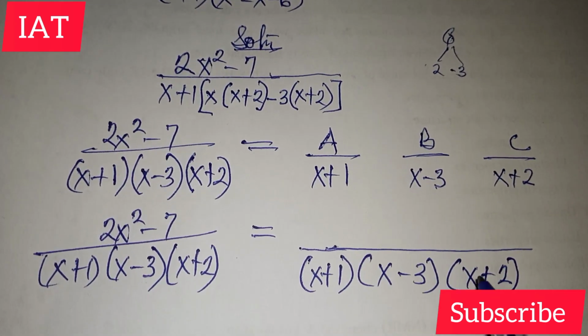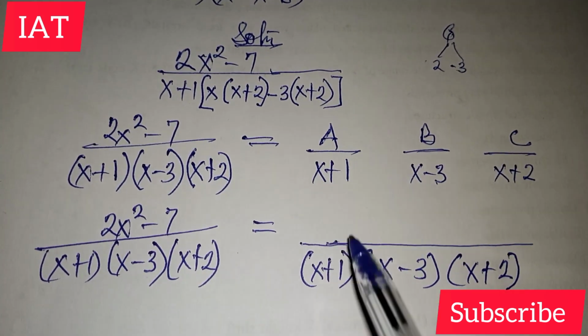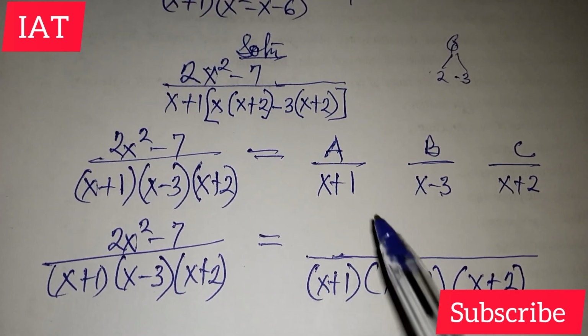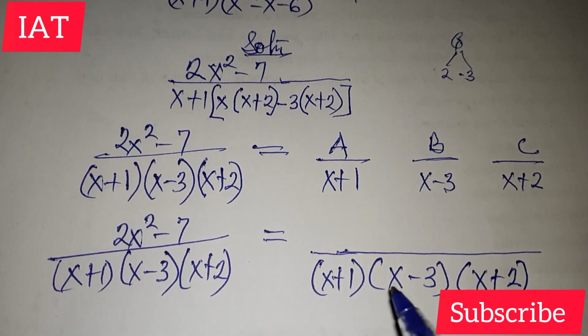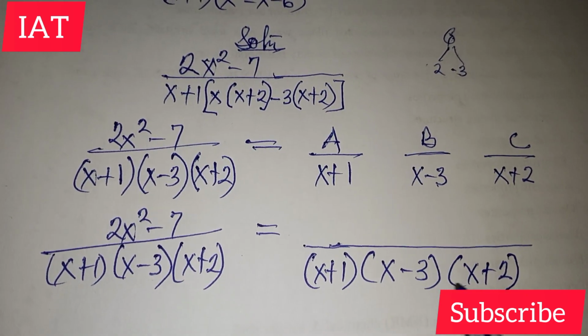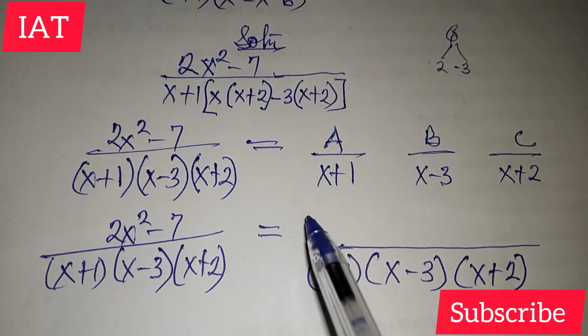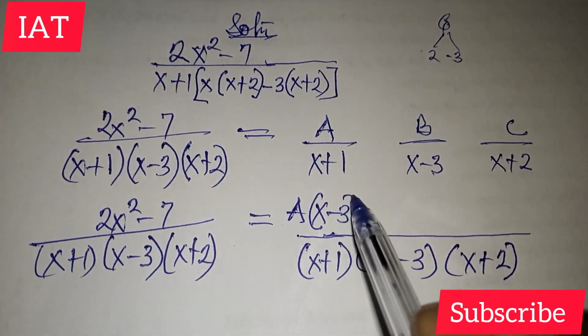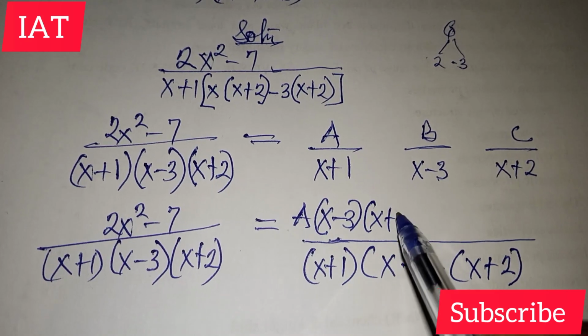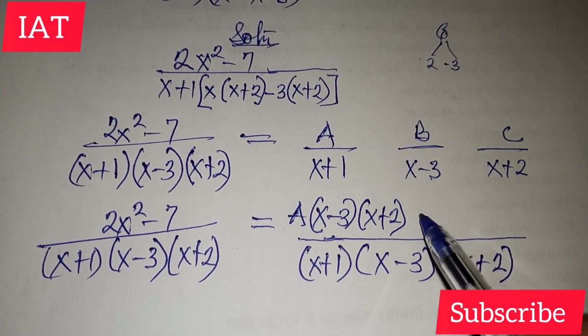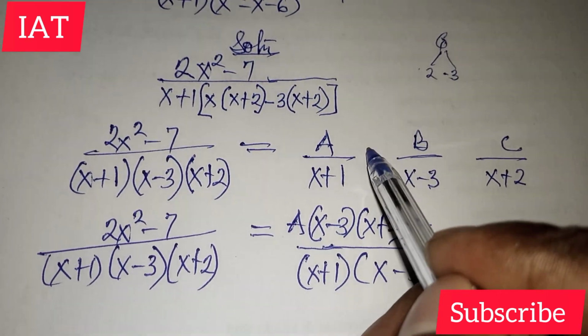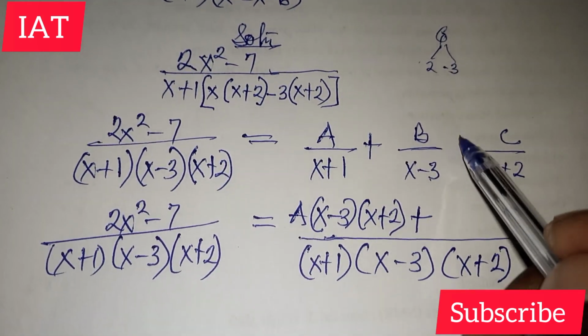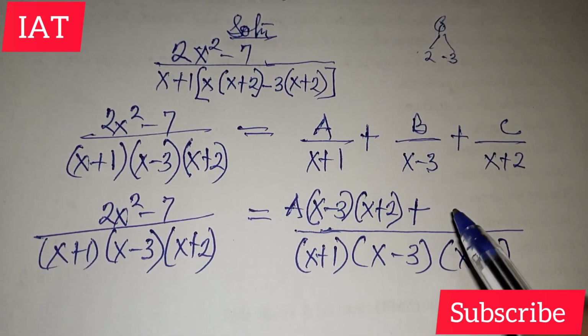If this goes into this expression, meaning that this will cancel out with this, x plus 1 will cancel out with x plus 1, left alone with this. So these two terms will multiply by a, so we have a into x minus 3 into x plus 2 plus, okay, we omitted the sign here, we have them to be positive signs. Please do not forget that.